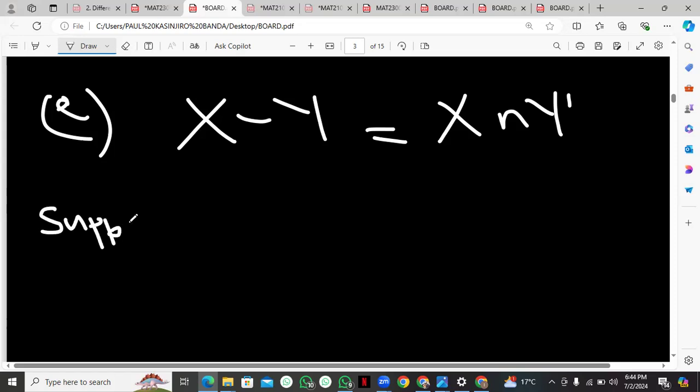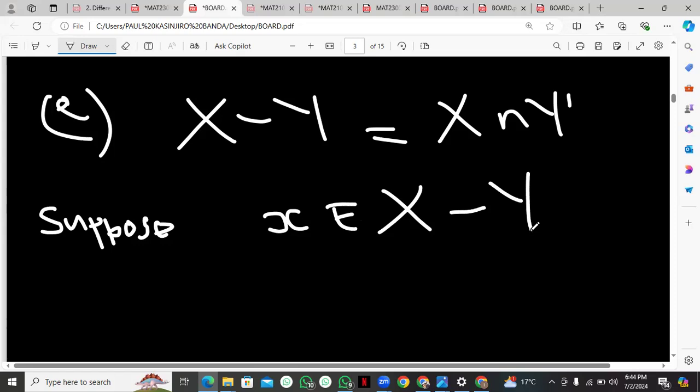Suppose that we have an x which is a member of X minus Y. Then what does this mean? You have to know the definition of a set difference. If x is a member of X minus Y, then by definition of a set difference, x is a member of X, but x is not a member of Y. That's what it means.